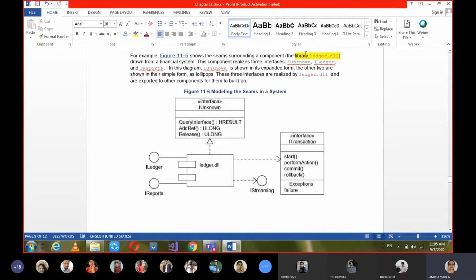All the details are there in this .dll, but these things can be implemented by using some of the services. So iReports: by using ledger.dll, I can generate some reports by using the interface. For a particular class, roll number wise, how many books they have taken, how many books they have returned, and all.